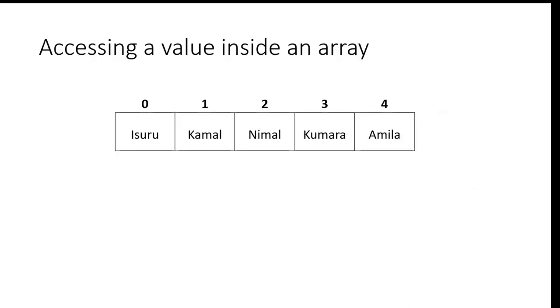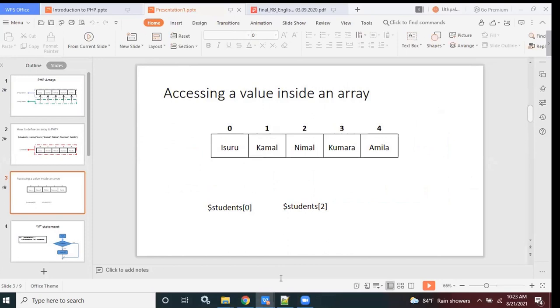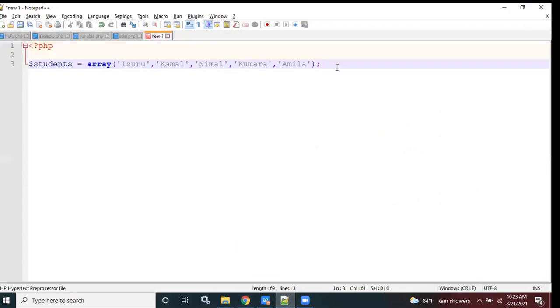So yeah, the next thing is, first of all, let me show you. Now, once we define an array like this, you can print this easily, but not with the echo statement. Now we have learned the echo statement. The echo statement we use to print something on the browser.